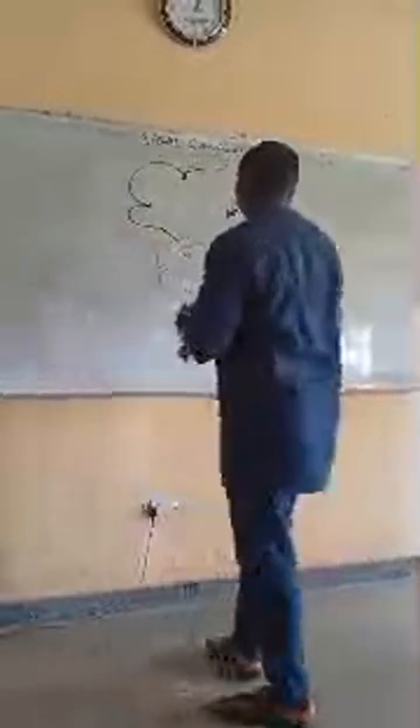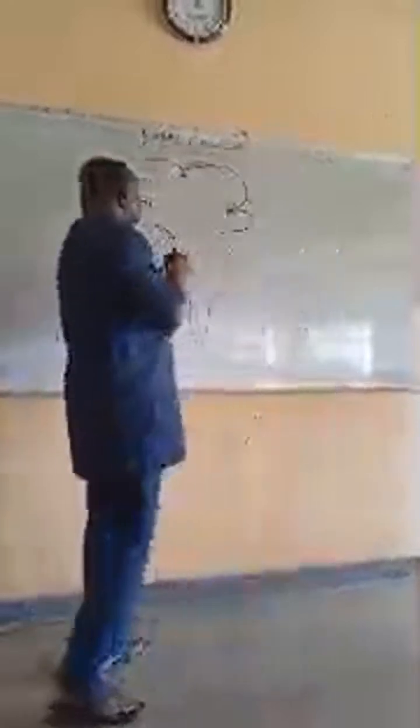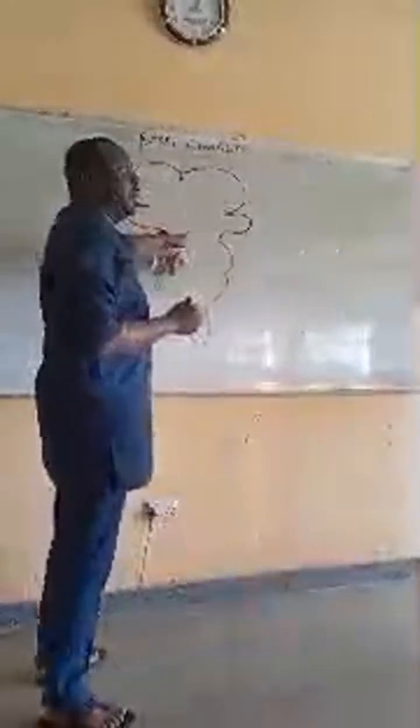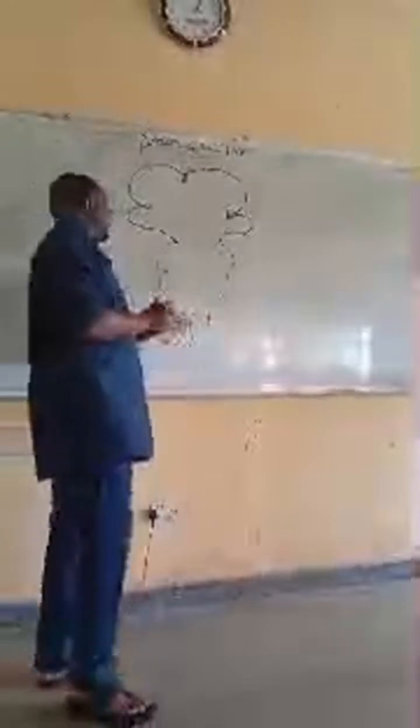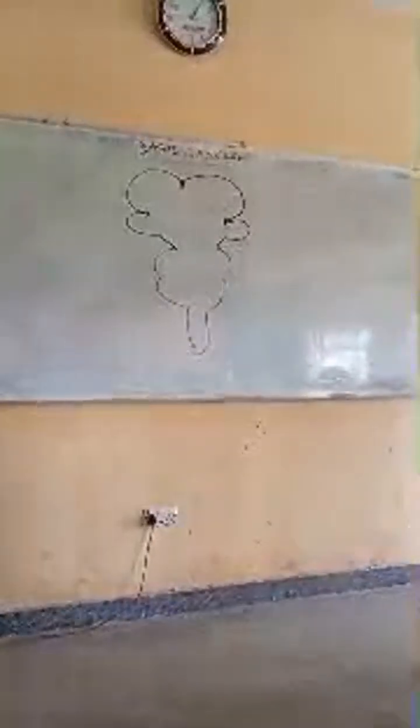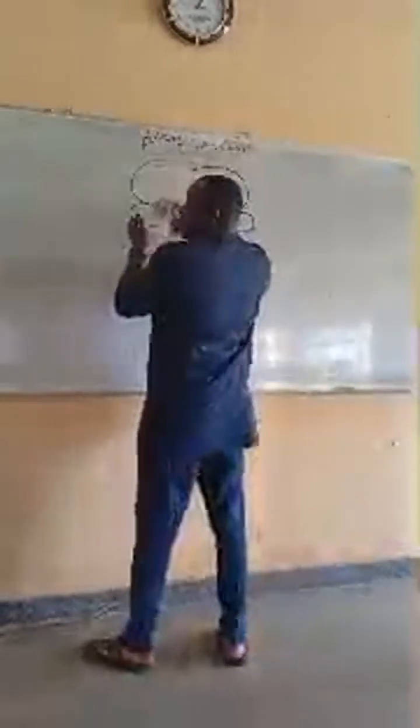So you can see this is the cortex, this is the temporal lobe, this is the midbrain, and this is the pons. Now, you know that the basal ganglia, like I said, is related with other structures like the thalamus, so we should have our thalamus here.